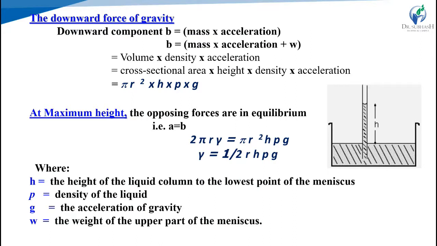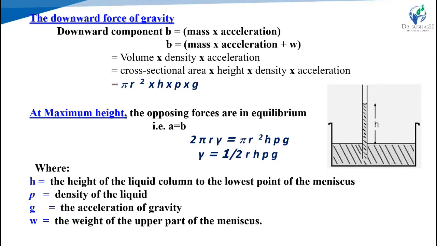So 2 pi r gamma is equal to pi r square h rho g. Rearranging the equation, we finally get the surface tension gamma is equal to 1 by 2 r h rho g, where h is the height of the liquid rise in the capillary column, r is the radius of the capillary tube, rho is the density of the liquid, and g is the acceleration due to gravity.